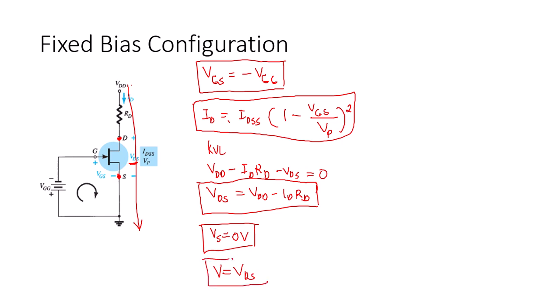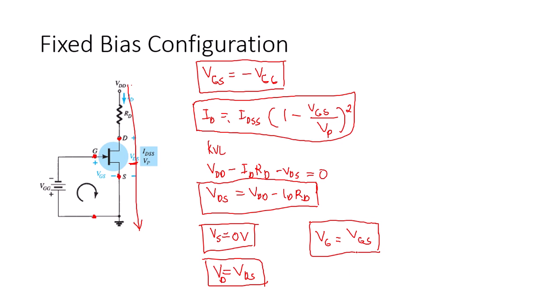And for the last one, the gate voltage going to ground, VG is simply equal to VGS. So these will be our formulas in dealing with the fixed bias configuration.